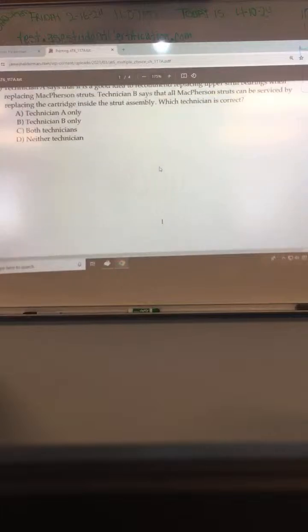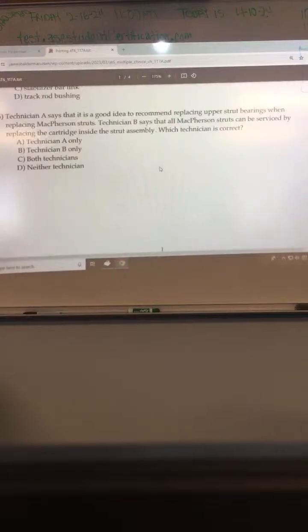So C? This says A, but sometimes I don't believe the answer sheet. In the book it says it's both. Sometimes the answer sheet's wrong. Then again, it says all McPherson struts, and this one says many McPherson struts can be serviced.